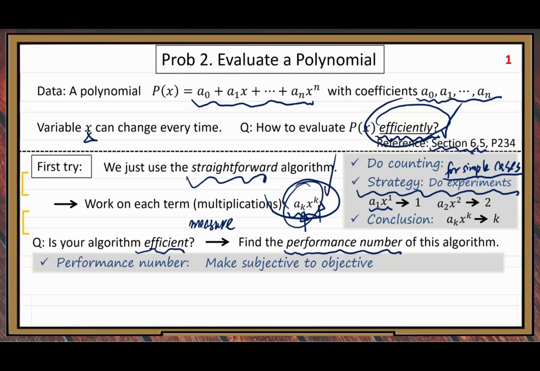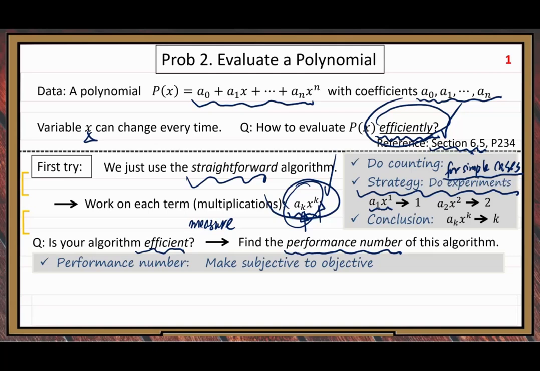When we want to find an appropriate way, first we want to avoid a subjective way. Because when people talk about efficient or not, most of the time it is subjective, right?